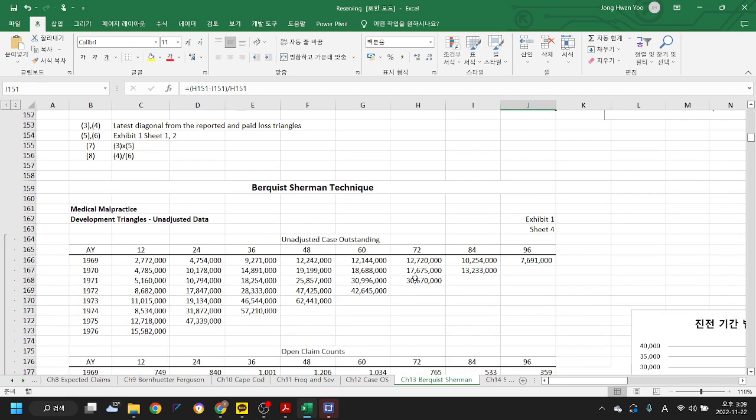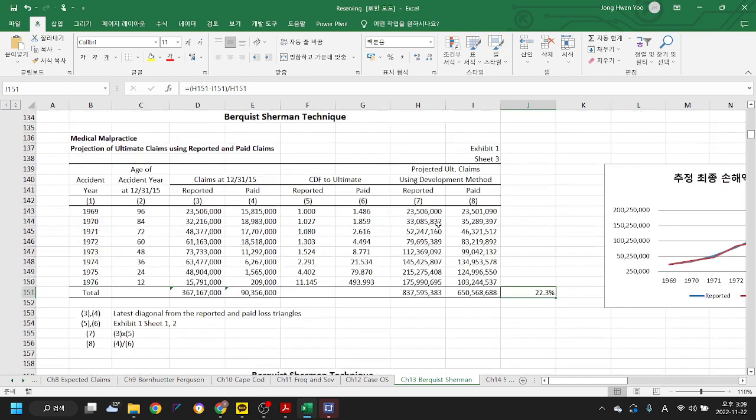I say restate, right? We don't apply on-leveling to the losses; that's only for the premium. For the claim-side loss amount, we say restate. So he tried to restate the case outstanding triangle.